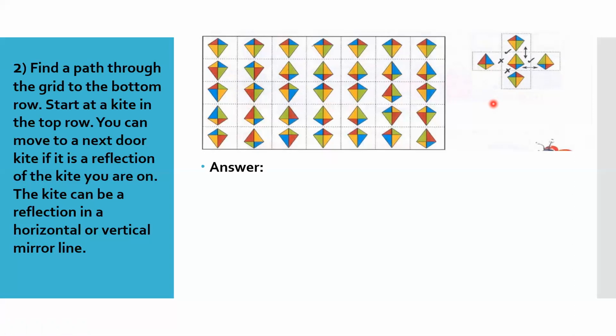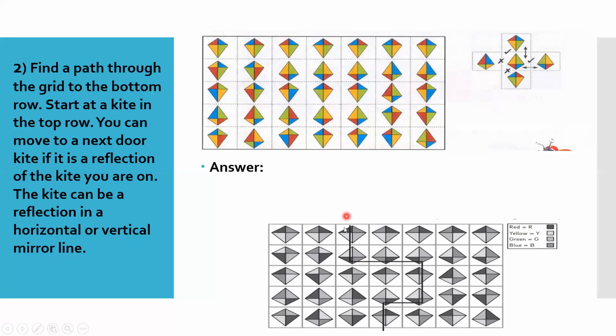We will find the path from the top row to the bottom row, and the path seems to be like this. See, you have started the path from the first row from this kite, and the very next kite seems to be the reflection of the kite that you are on. So you have started from that, it moves on to here, that is the flipped image of this kite.